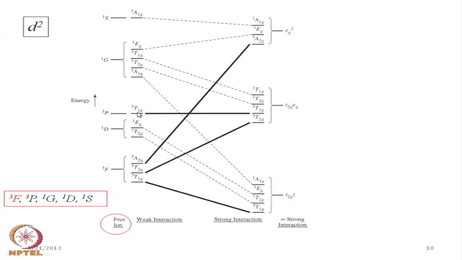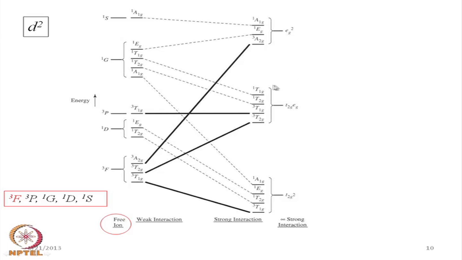P will remain as a triplet term, G can be split in these values and S can remain as the corresponding 1A1g term. How we correlate this is that in the strong interaction case, we have the corresponding electronic configurations t2g2, t2g eg and eg2.